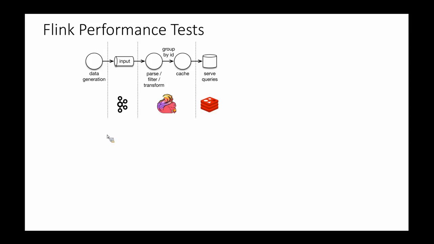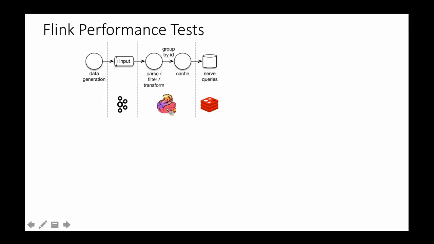What about performance? Here there was a Yahoo streaming test that was done to compare various technologies. The test essentially provided a source of data or generation of data, managed that in some kind of stream transport capability, and then fed that into a particular system.